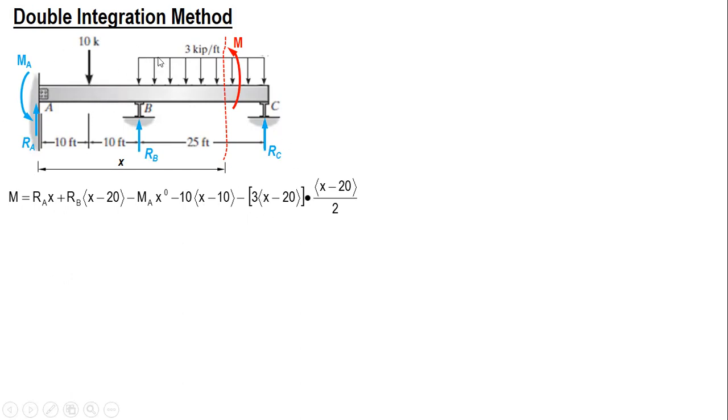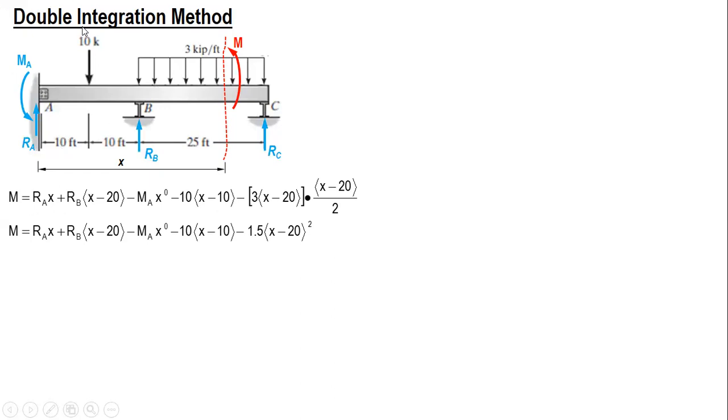And then for the uniform load, the resultant is 3 times x minus 20. That's the resultant, this one. And its distance is x minus 20 over 2. So we simplify this term. We have this one, it's 1.5 times x minus 20 squared.